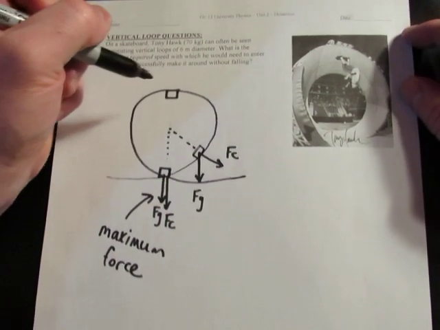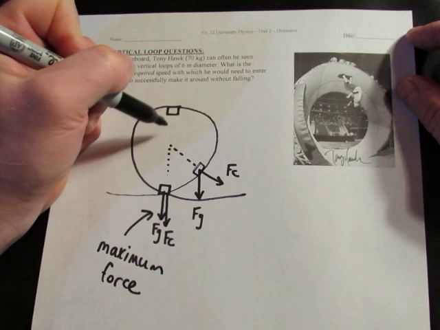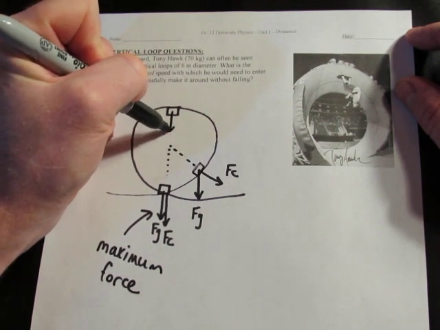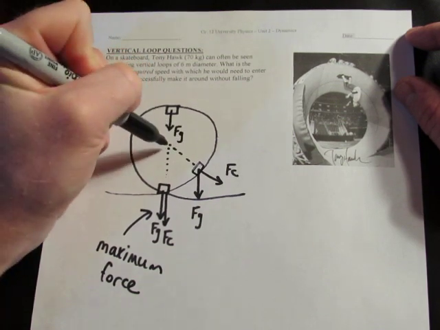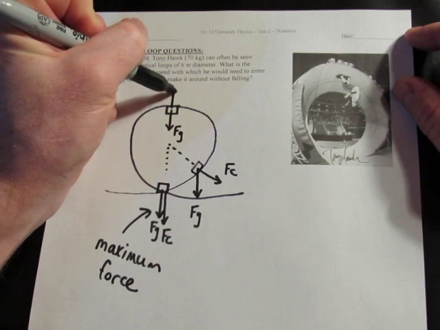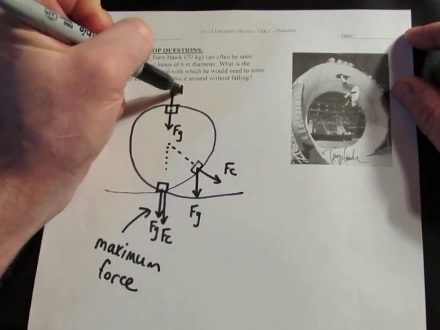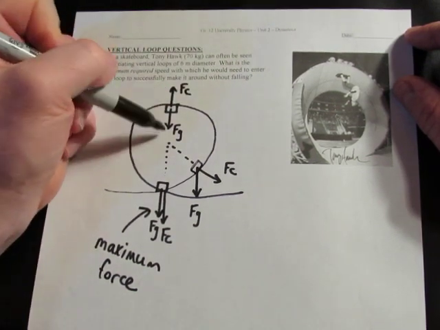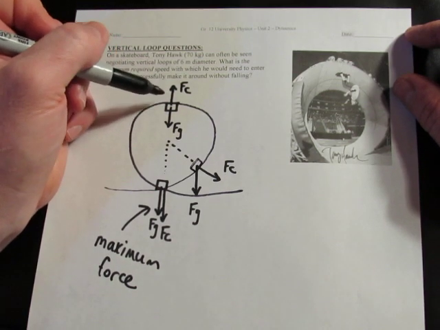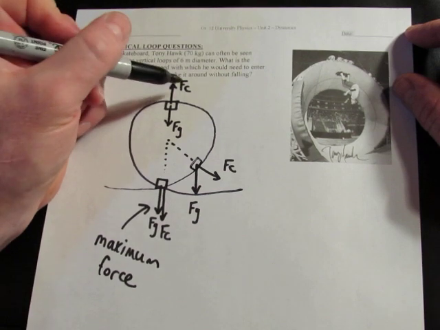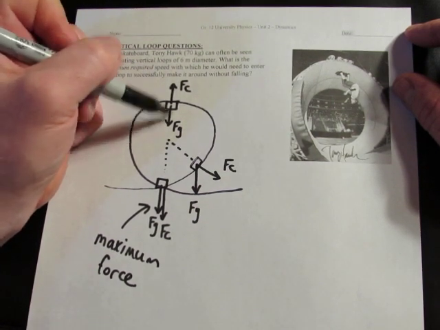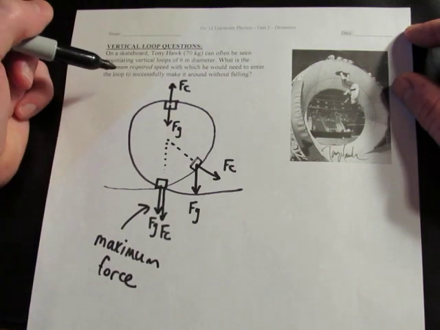Now, if you go up to the top, at the 12 o'clock position, and apply the same idea, gravity's always straight down, but centripetal force is always outwards from the center of the circle. Well, at the very top, outwards means directly up. So here you've got a situation where the two forces are exactly opposite one another. In other words, every newton of centripetal force is going to subtract away from gravitational force down.